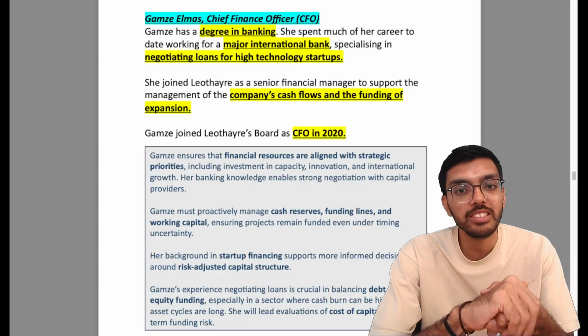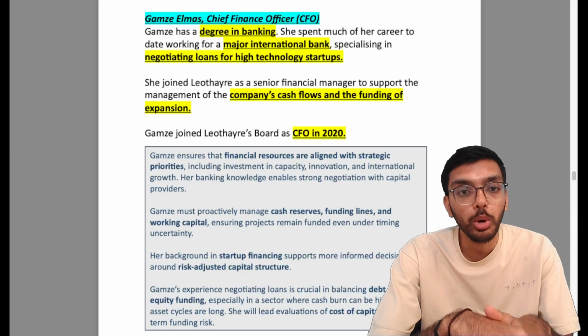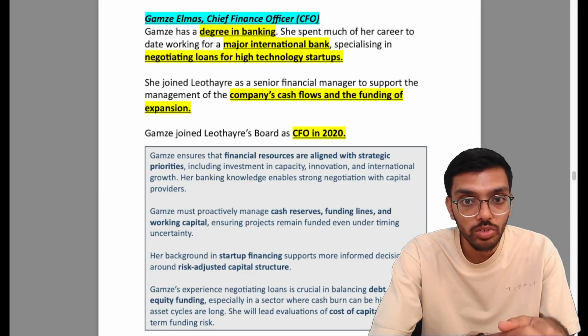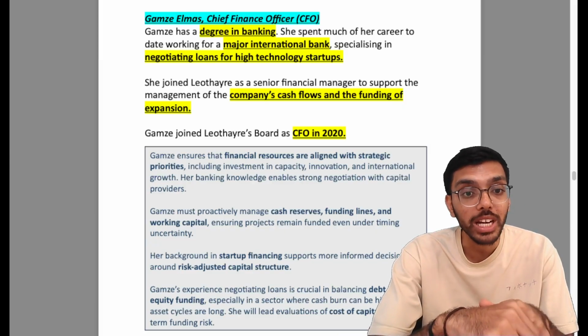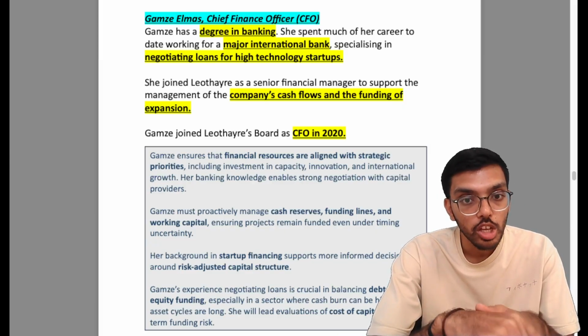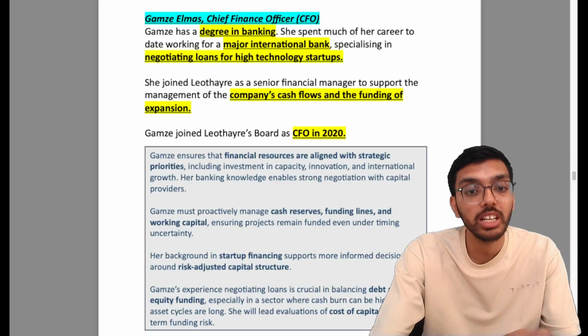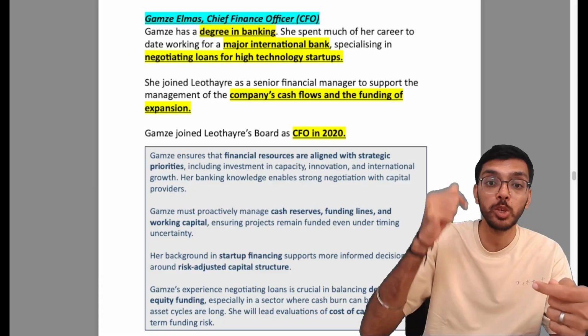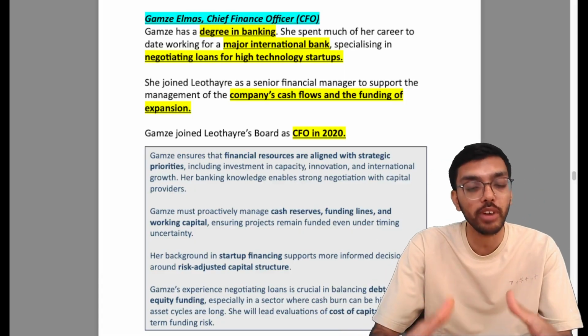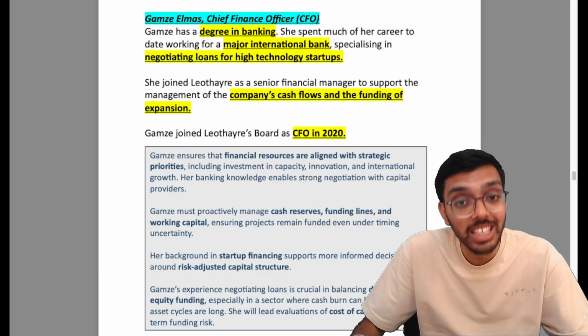She joined Leothayre as a senior finance manager to support the management of the company's cash flows and the funding of expansion. She became CFO in 2020. So very important is her role in helping you raise finance, helping you manage your treasury functions. This is going to be key.